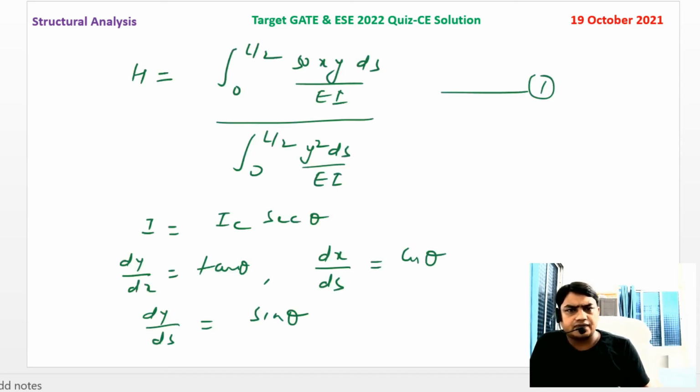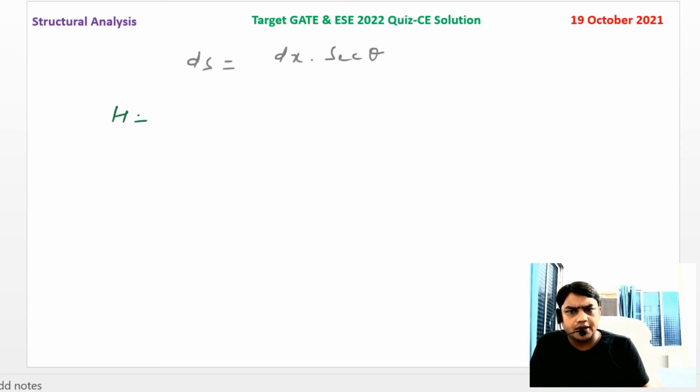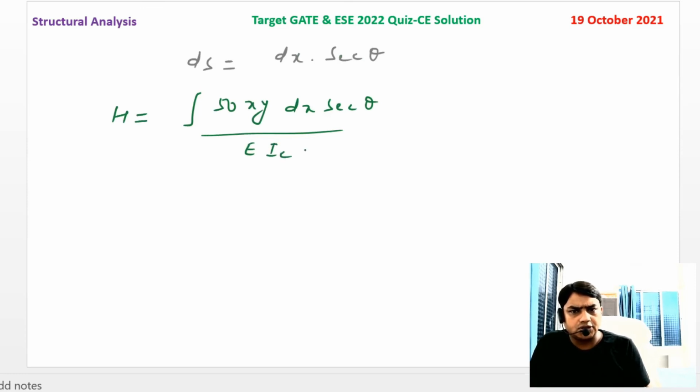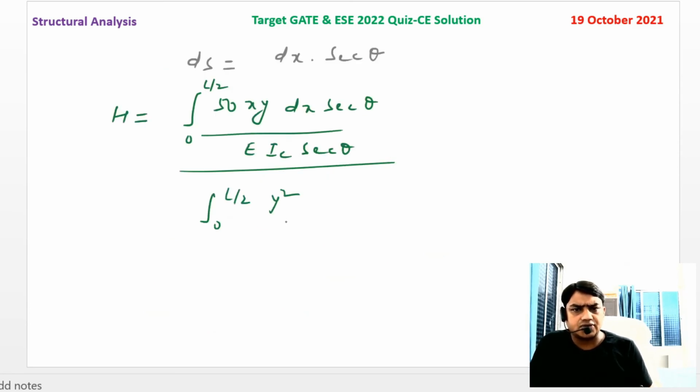If I replace the value of I with Ic sec theta, we can write H equal to the integral from 0 to L by 2 of 50xy, with ds written as dx sec theta, divided by E into Ic sec theta, divided by the integral from 0 to L by 2 of y square ds, that is dx sec theta divided by E Ic sec theta.